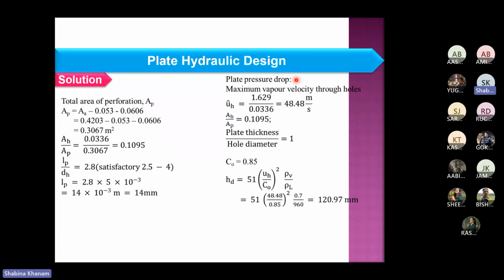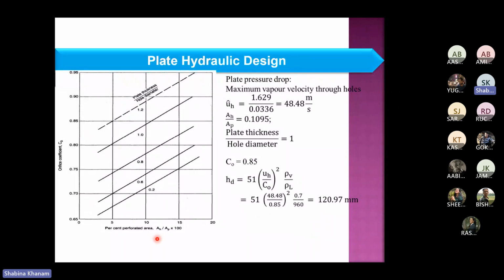Now we will proceed for plate pressure drop. Just a few minutes I will take to complete this. Maximum vapor velocity through the holes you can find like this. You need to find out HD, and this AH by AP you can consider as this. Plate thickness, hole diameter, that you can find, and then you can have CO value from here.